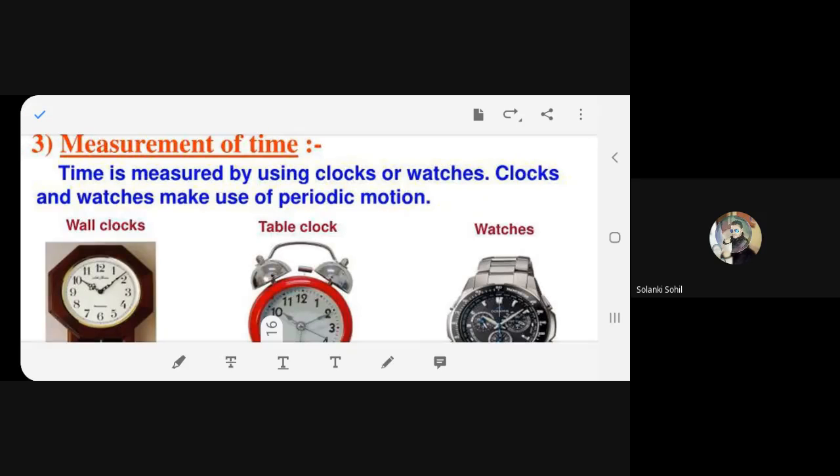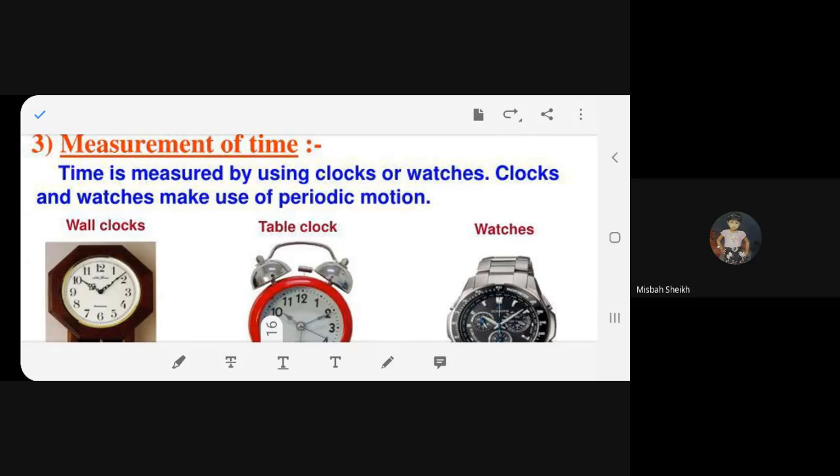So we wear watches. We don't wear clocks. And clocks are hung on the wall or are put on the table, both. So I've given some extra information that clocks are either hung on the wall or put on the table. Am I right? Yes. And we wear watches. It is put on our hand, on our wrist, right?